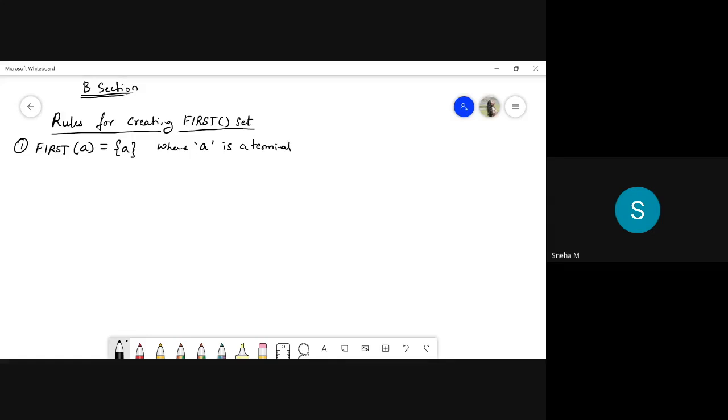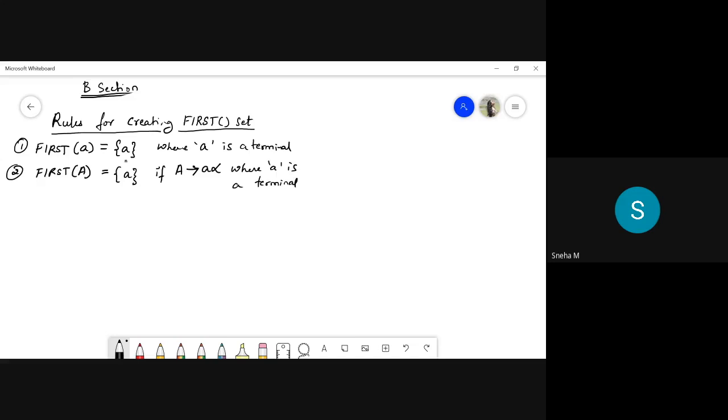The meaning is very simple. If we are trying to find the first set of a terminal, then the set is the terminal itself. Then if we are trying to find the first set of a non-terminal A, it contains a if we have a production of the form A derives a alpha, where a is a terminal.